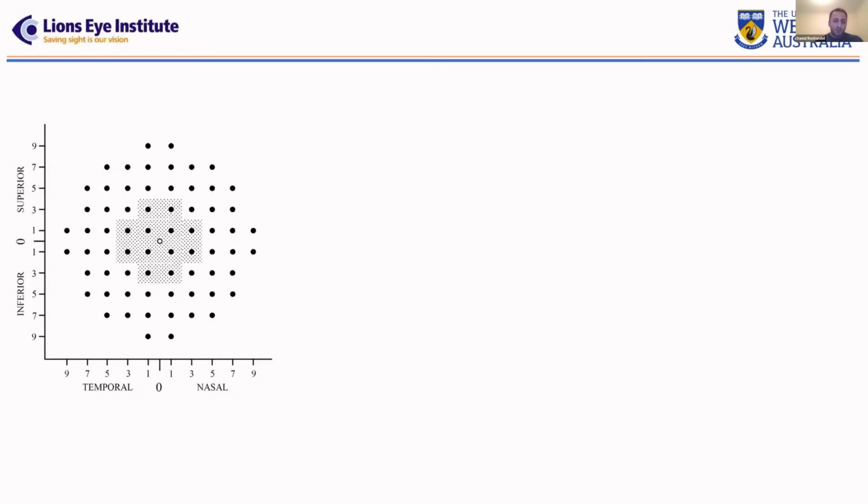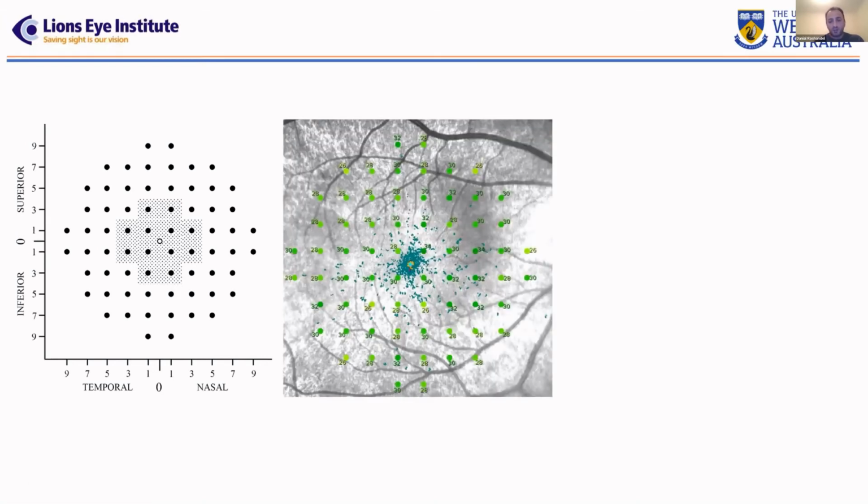So this is the protocol for Maia and AO imaging. You can see all of the locations of Maia, which is 68 locations, 1 to 9 degrees away from the fovea. And also in this dotted area, you can see the 12 locations at which AO imaging was performed. So this is a typical 10-2 microperimetry, which shows the pointwise sensitivity at different locations.